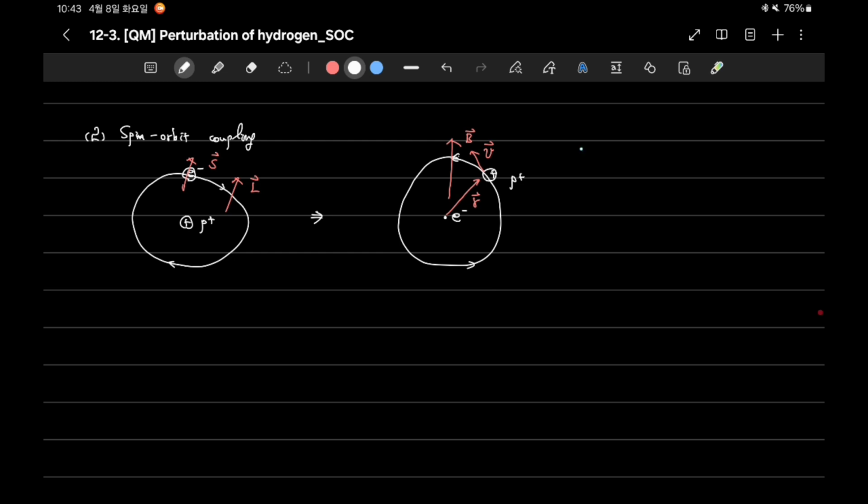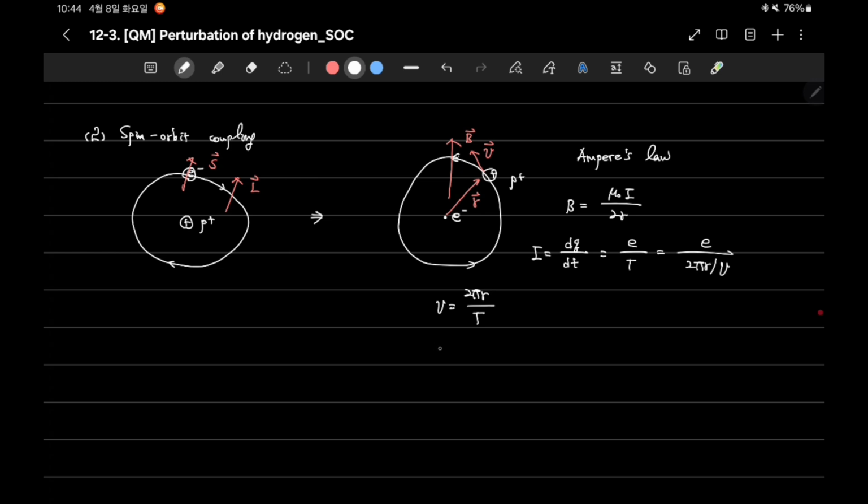From Ampere's law, the magnetic field is generated as mu 0 I over 2r, because the current is dq/dt. Here q is the elementary charge e, and t corresponds to the period. Since v is 2 pi r over T, T is 2 pi r over v.